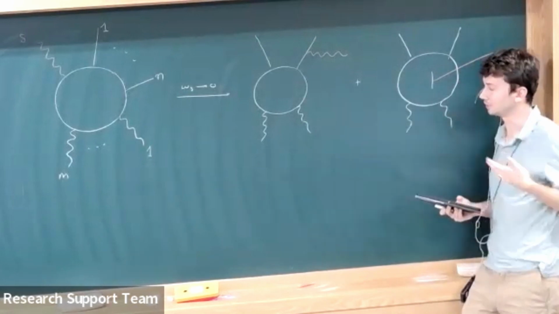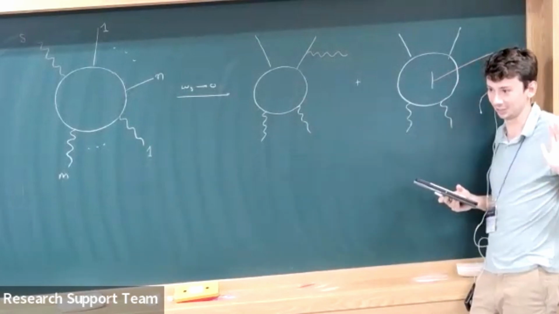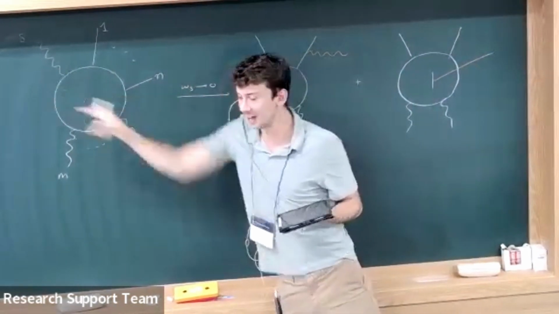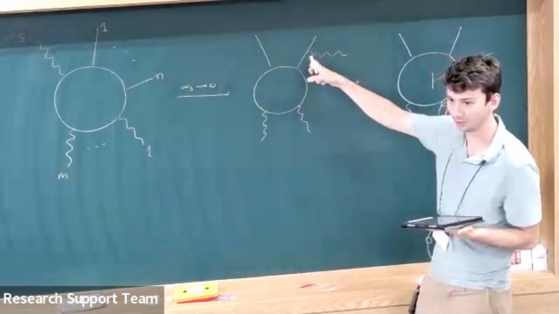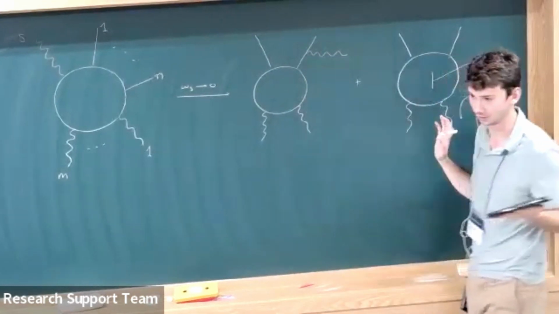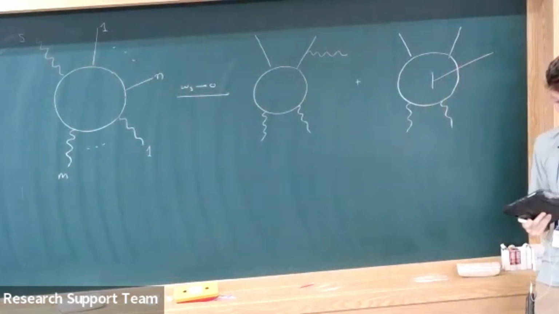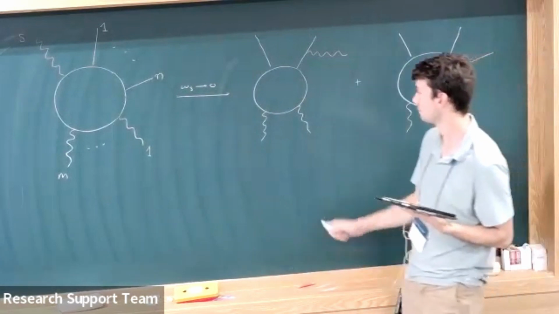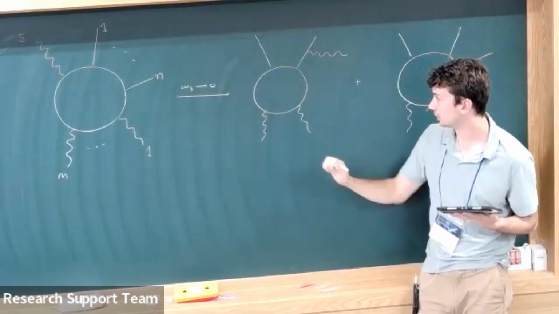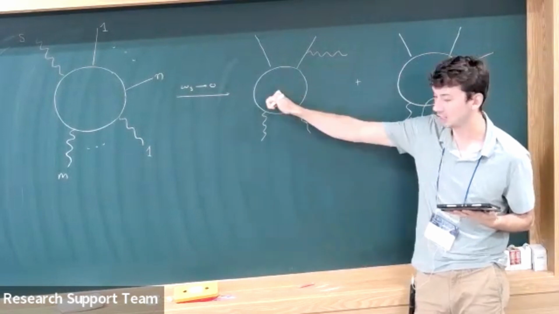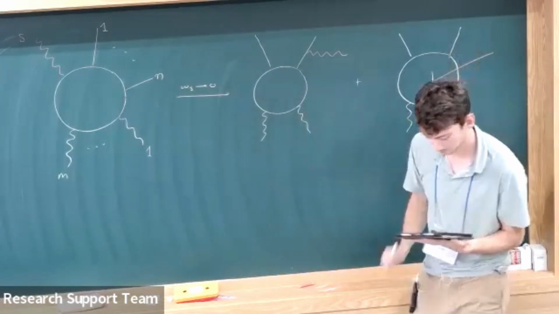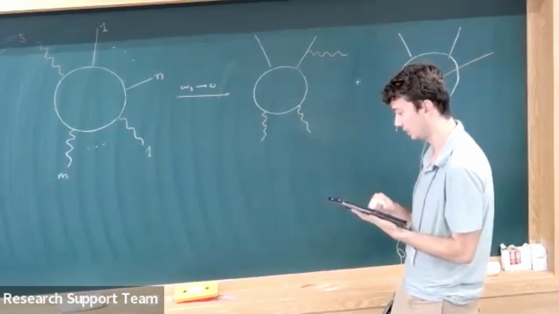This is just kind of true by definition. Either this external photon, when it goes into the diagram, it talks immediately to one of these external legs, or it talks to one of the internal legs. That's kind of a vacuous statement. Not much is being said. All right. Now the actual physical content comes when you try and analyze what these Feynman diagrams look like in the soft limit. Okay. So let's study this first set of Feynman diagrams.